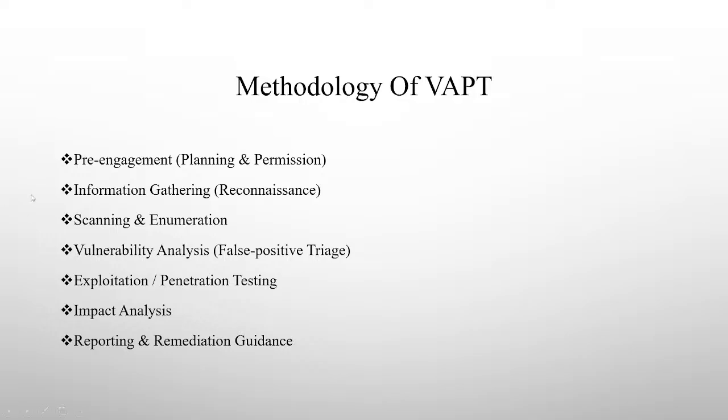These are some information gathering clues. The third one is scanning and enumeration. Nmap is a scanning tool, so through Nmap or any other tool, we can scan the website URL. So this is the third one.